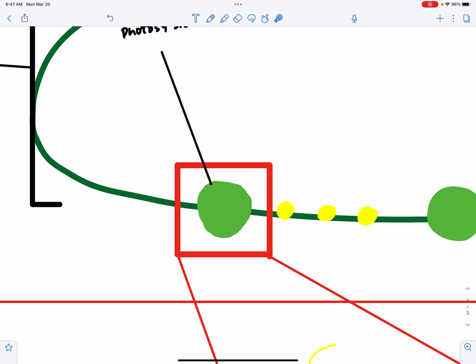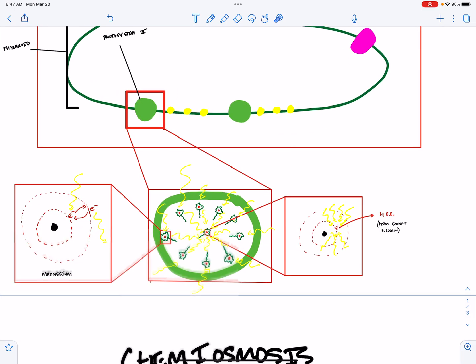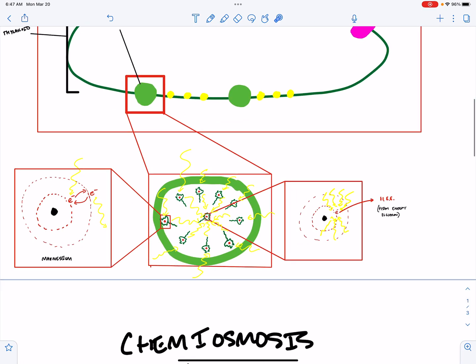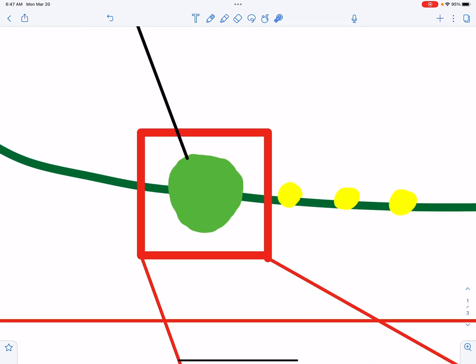And I guess I should start out by saying that this electron that the magnesium atom is having came from a reaction called the photolysis of water. So at the very beginning of photosynthesis, water is split.